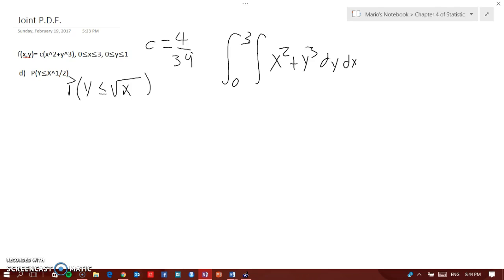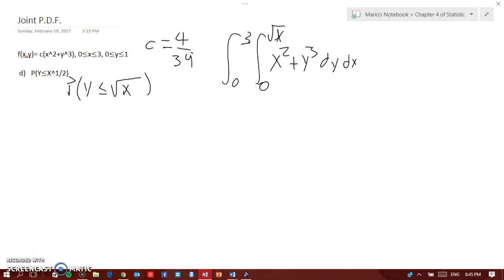Because y is less than the square root of x, and y is between 0 and 1, we know that the square root of x has to be between 0 and 1, or it can be equal to 1 or 0. But because y is less than the square root of x, the highest it can get is the square root of x, and the lowest it can get is 0.